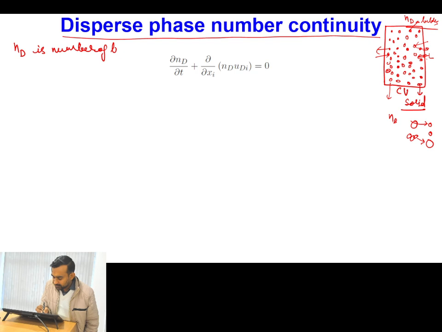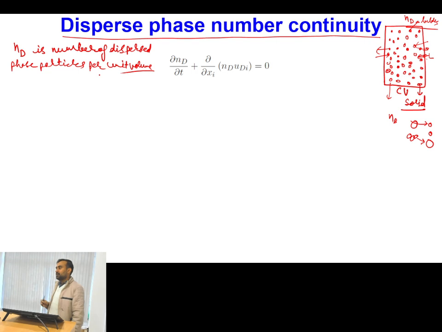Here let us assume that Nd is the number of bubbles, let me make it generic, the number of dispersed phase particles per unit control volume. Per unit volume.